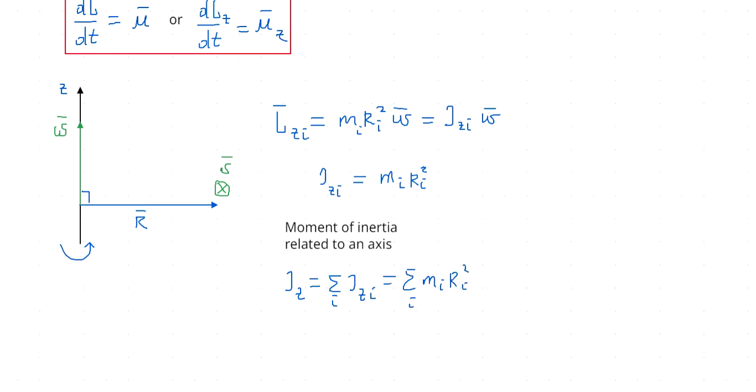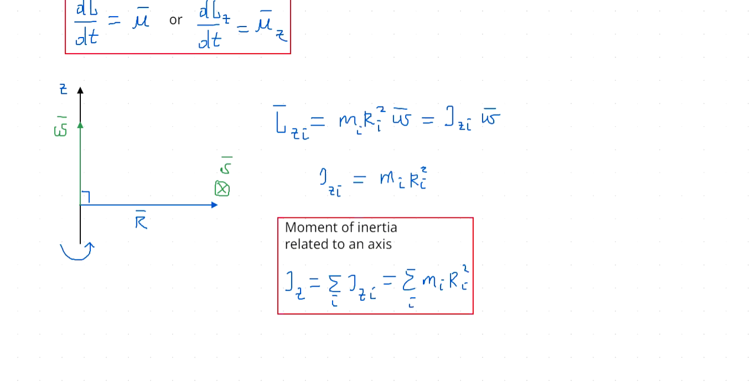This is the moment of inertia related to an axis of some material system. A material system is a system of material points. We will see soon why we need this moment of inertia.